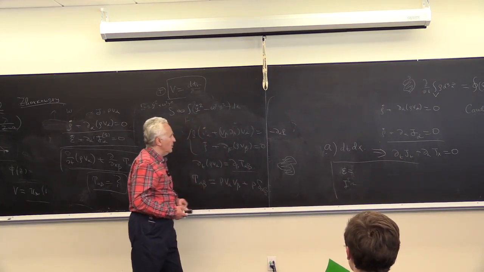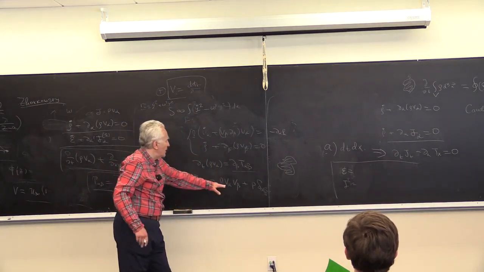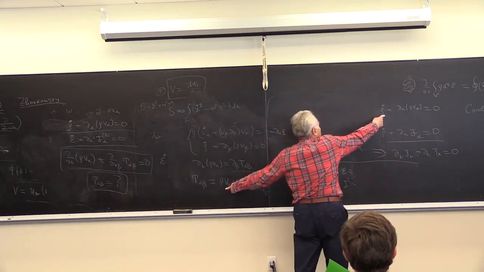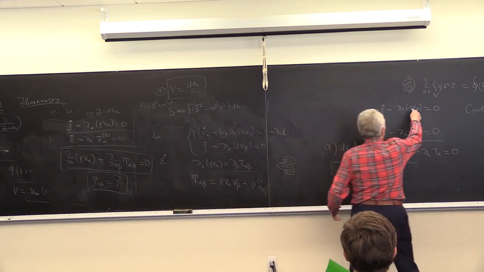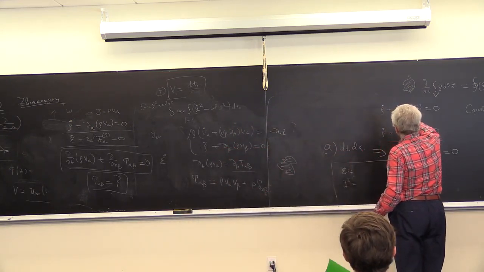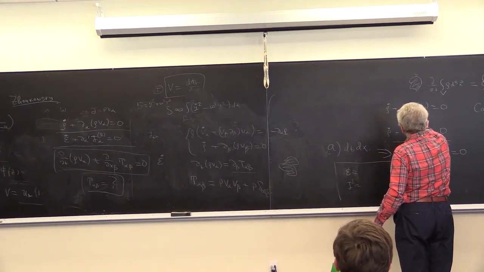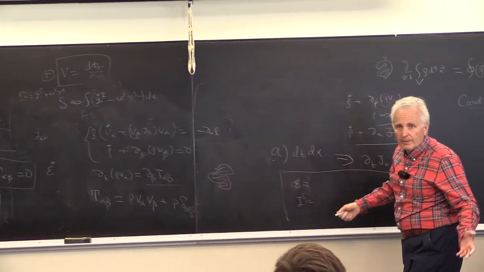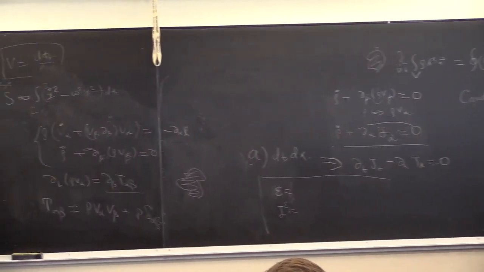This part is precisely analogous to this one. The only difference is that instead of rho we substitute rho v alpha, the momentum density. So it was simple, just the same.